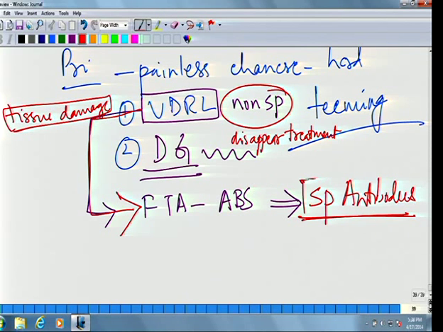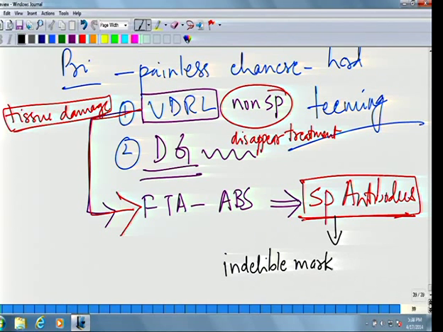Whereas these specific antibodies, do you know what they say about the specific antibodies? Indelible mark of sin, because these antibodies will never disappear. Lifelong, an indelible mark of sin.